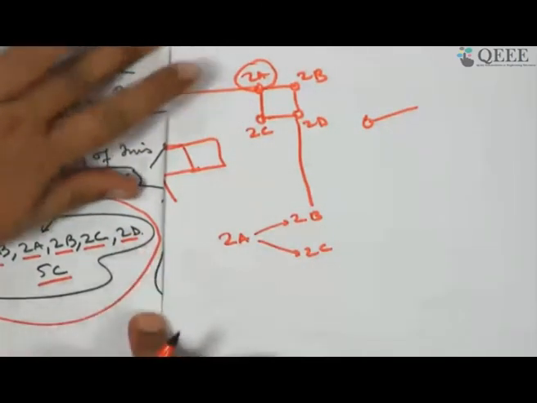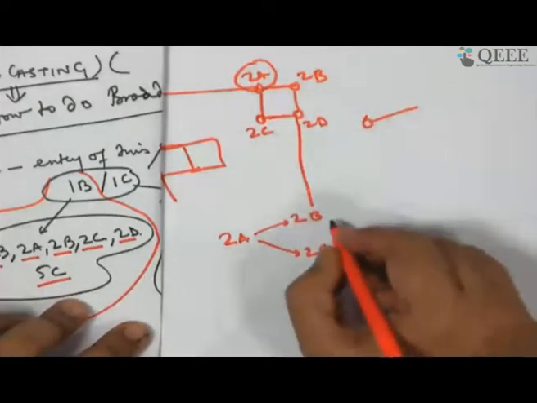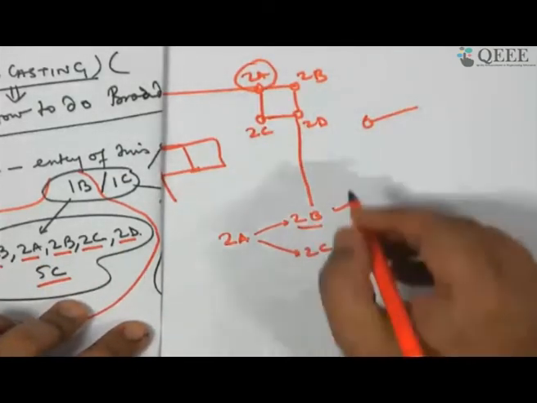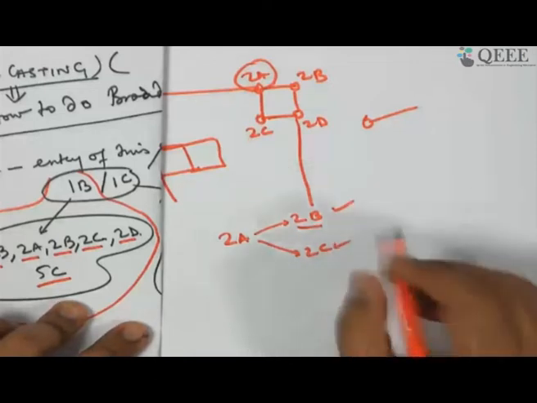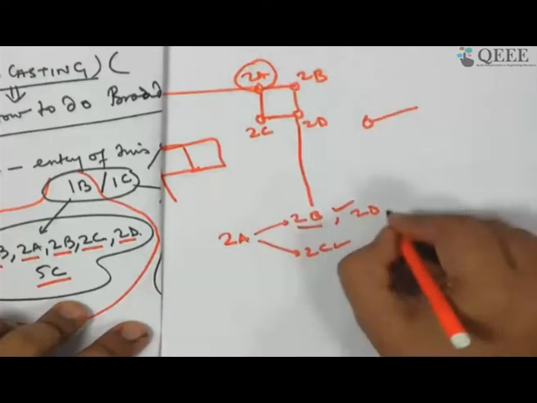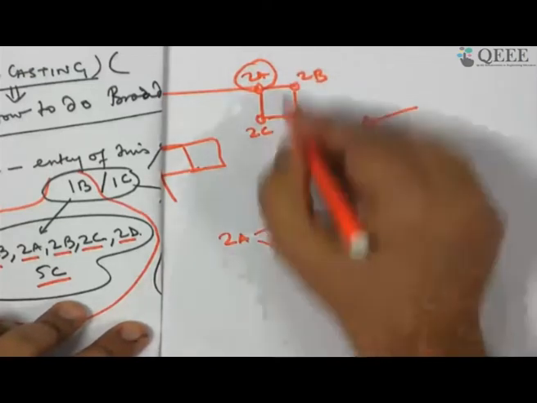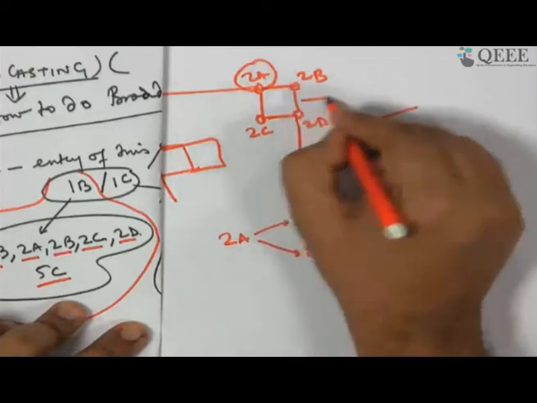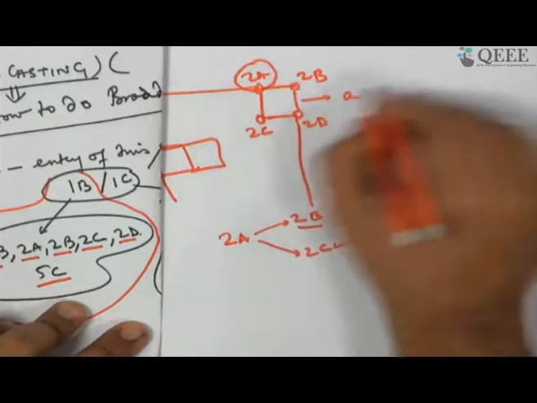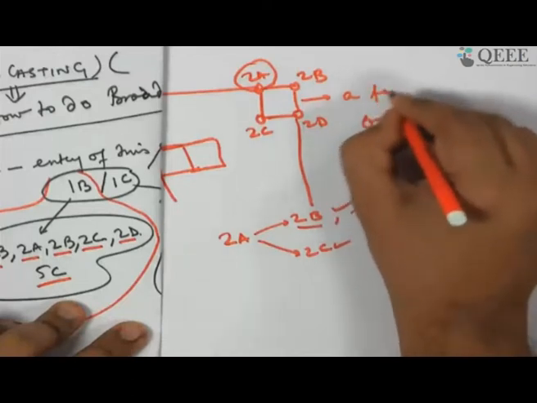Let us think. Okay. So 2B will go through 2C. Okay, 2C will go through 2C. Now 2D may go through 2B and say 5C also goes through 2D. So let us assume that this is a faster link. Okay.